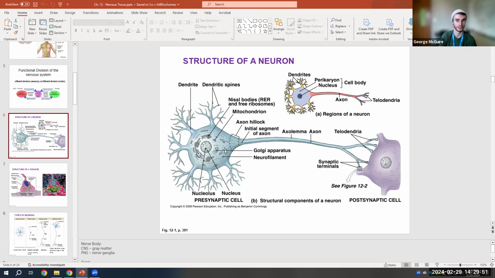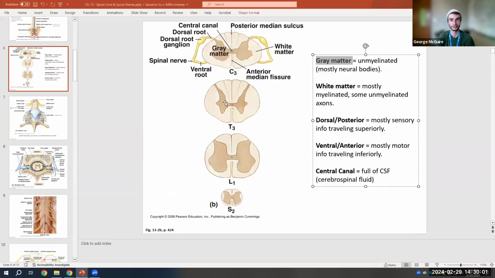They are just floating around in the cytoplasm of the neuron. Those Nissl bodies tend to give the body of the neuron a kind of gray coloration. The gray color of gray matter comes from those cell bodies, with the Nissl bodies absorbing and reflecting some light, and that makes it look gray. So these regions of gray matter are mostly neural bodies and unmyelinated axons.